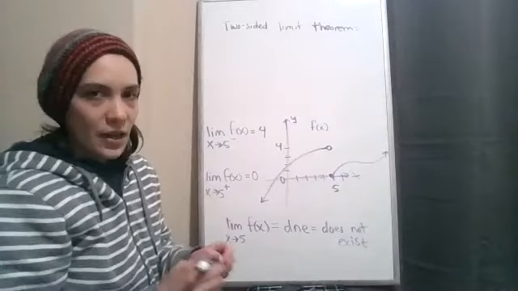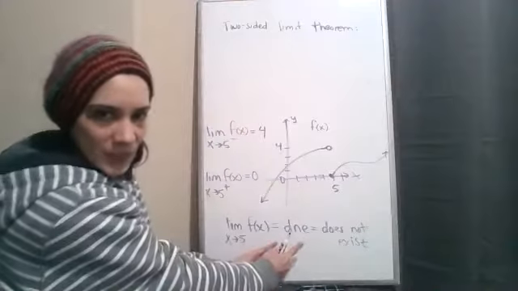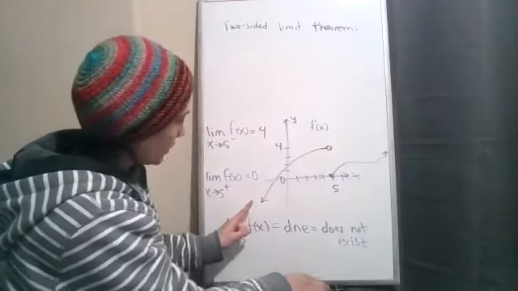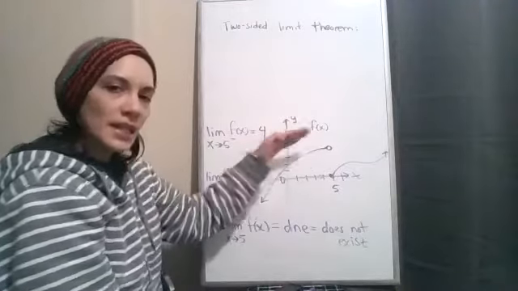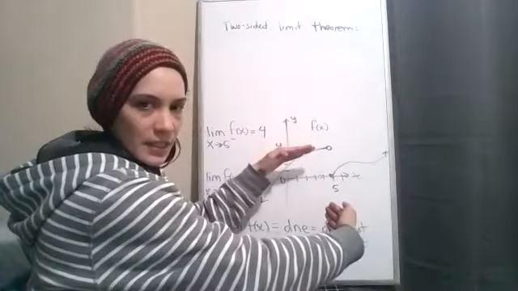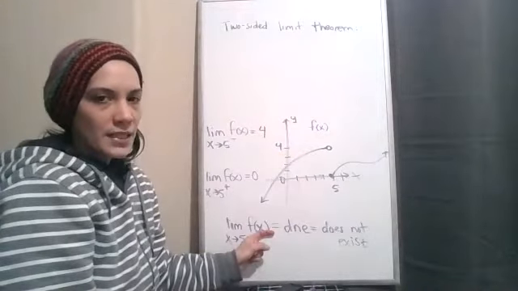Why it doesn't exist? That's this part here. But I'll say with the example that when the right side limit doesn't match the left side limit, they're not equal to each other, then the limit from both sides doesn't exist.